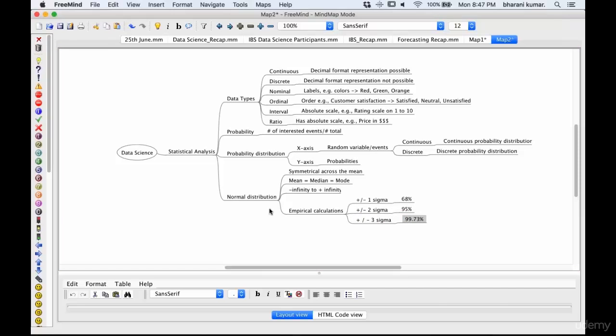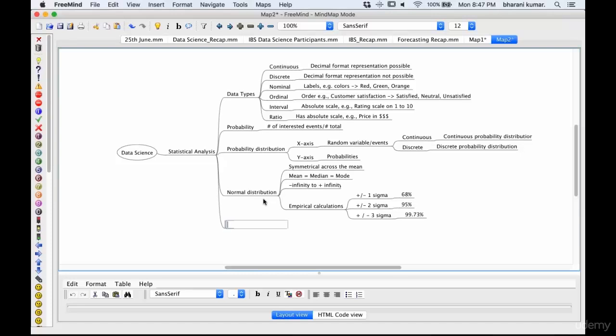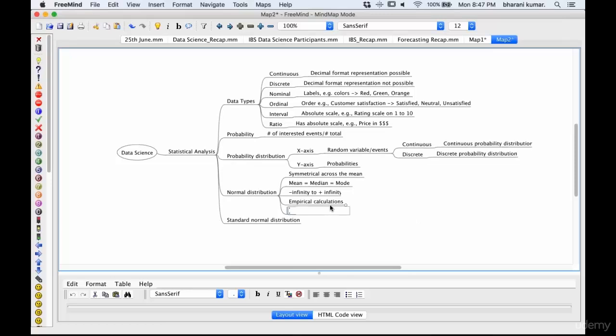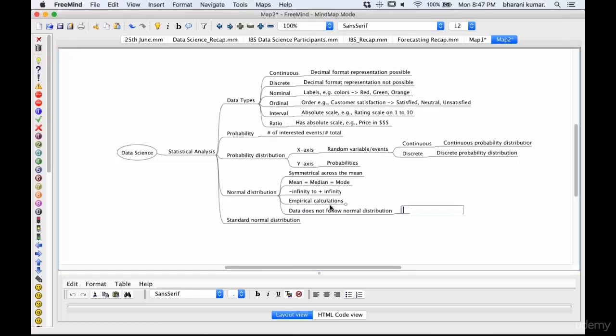Since each dataset will have a different mean and standard deviation, we thought of having a common way of representing that using something called the standard normal distribution. Even before that, what if data does not follow normal distribution? You'll have to normalize or standardize the data.